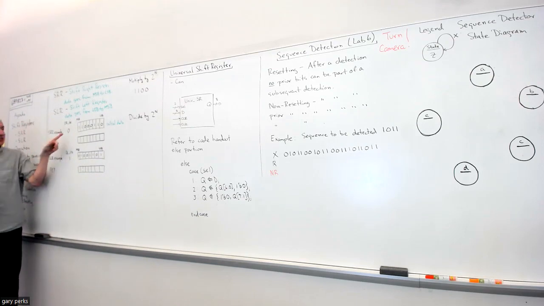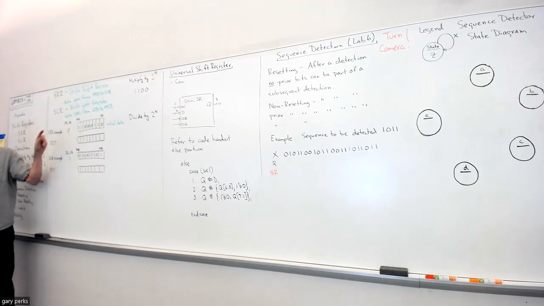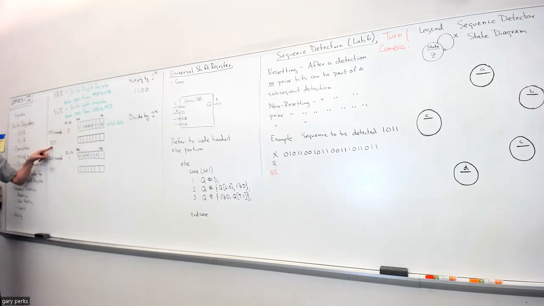What that means is whatever data we have on this DR_IN, that's the data that's going to go into the shift register. When it's a shift right, that data goes into the most significant bit. And that data will go into the shift register, as well as all the other bits shifting, as we'll see in a minute, at the time of the 0 to 1 transition of the clock.